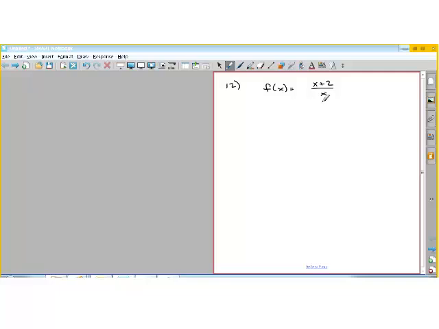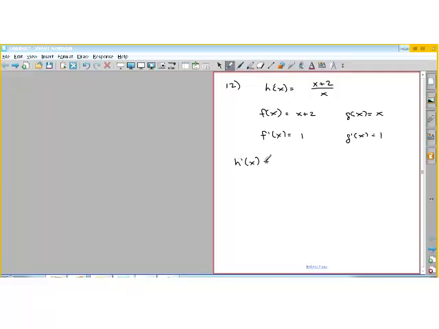So we're going to take the derivative and the second derivative. And we'll use the quotient rule. So let's just call this h of x so I can use the other letters. So we could break this into 2, but in this case I'm going to use the quotient rule. So the derivatives are 1 and 1.